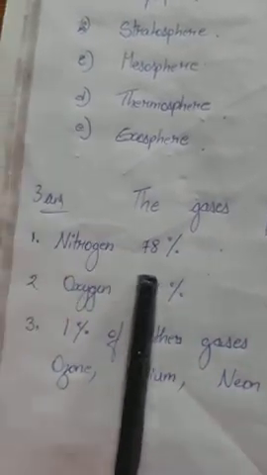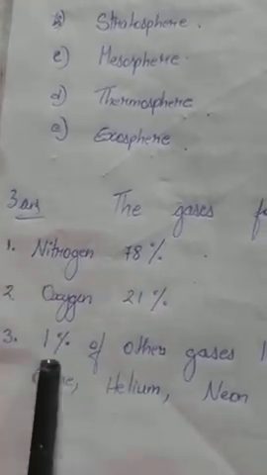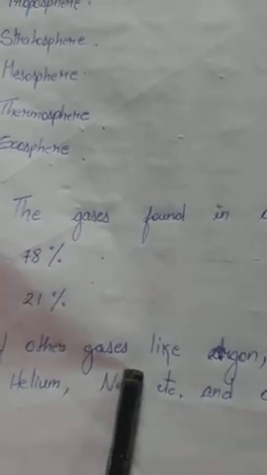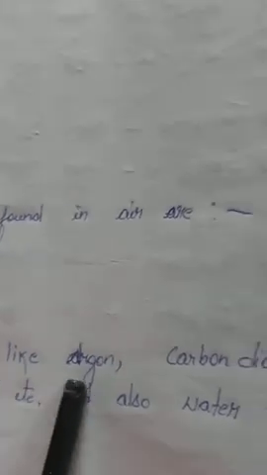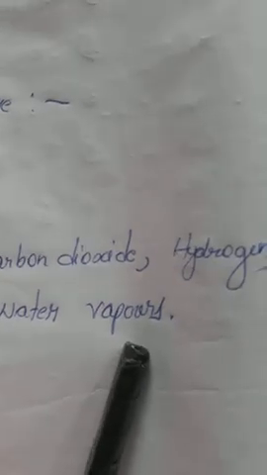The gases found in air are: 1, nitrogen, 78%; 2, oxygen, 21%; 3, 1% of other gases, which includes argon, carbon dioxide, hydrogen, ozone, helium, neon, etc., and also water vapor.